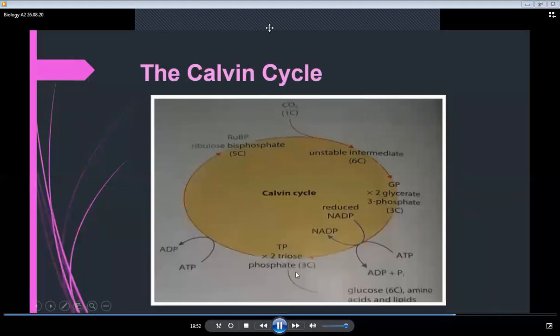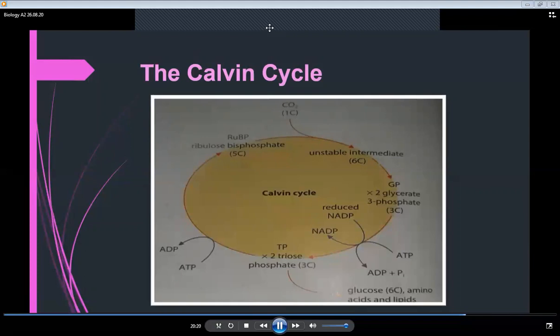What is left behind? That is the 1/6 of triose phosphate. So what happens to this 1/6 of triose phosphate? Some of this triose phosphate condenses, and when it condenses, it forms hexose phosphate. Hexose phosphate, obviously it is 6 carbon, is in turn used to produce starch for storage purpose.